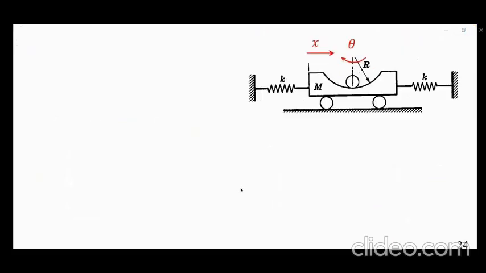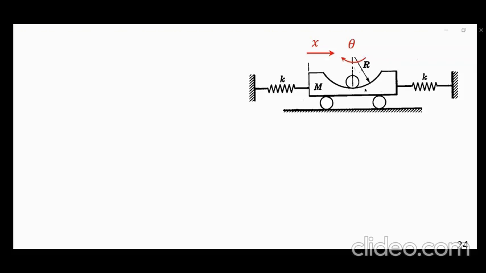Now, before we stop this lecture, there's a couple of things I want to tell you. The 2 degree of freedom systems that we have done don't always have to be translation. For convenience, the problems that we have done were 2 masses translating. But here is a situation where we have a cart which is translating back and forth, vibrating back and forth, and the ball on it rolls up and down.